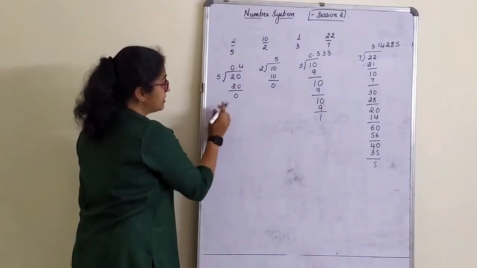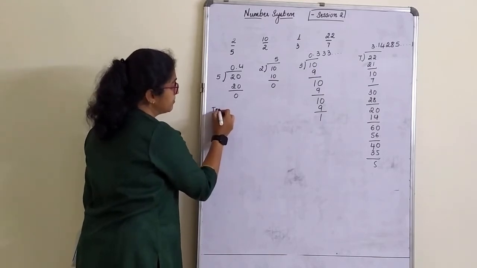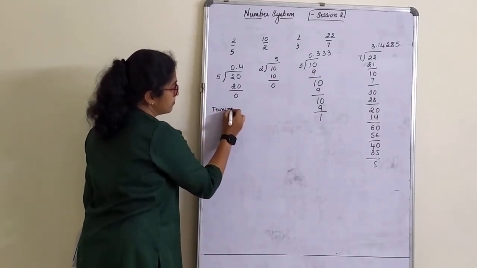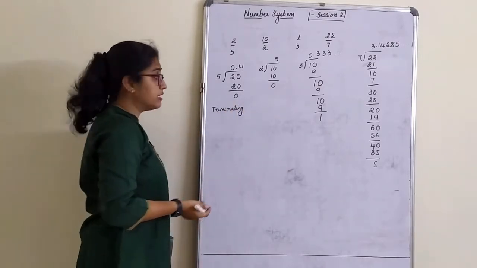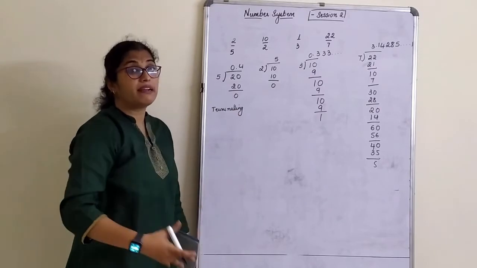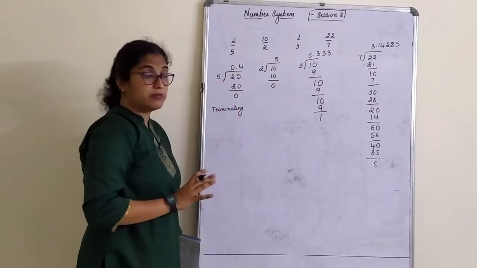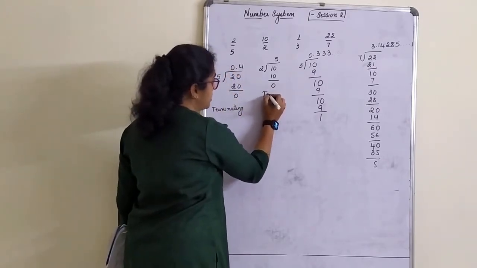So here I consider that as terminating. This is of course terminating because we got 0. But here we forcefully made it terminating by adding a decimal. So this is also terminating only.